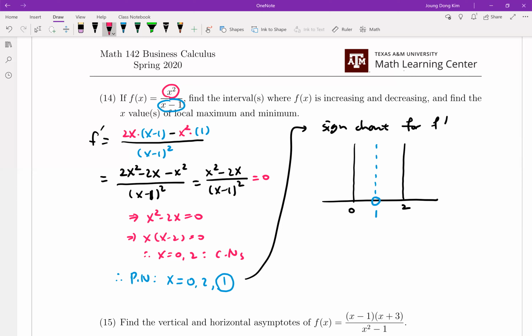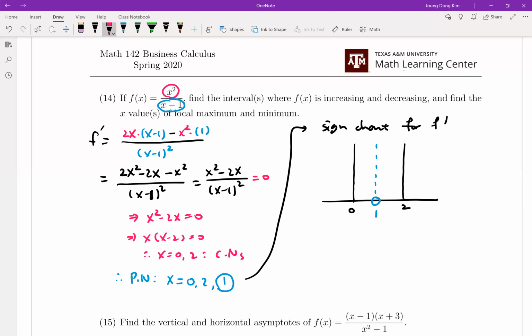First one, less than 0, and plug in any number which is less than 0 into f prime. So when I plug in negative 1, your denominator is always positive because that is squared, so just check the sign of your numerator only, okay?